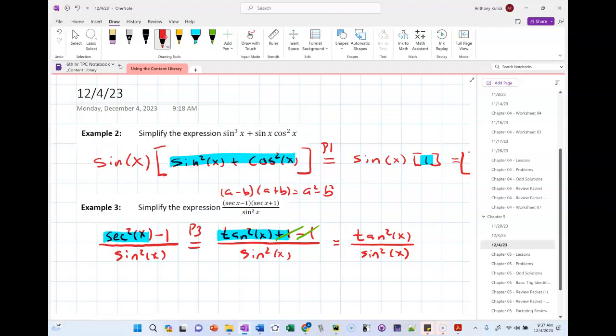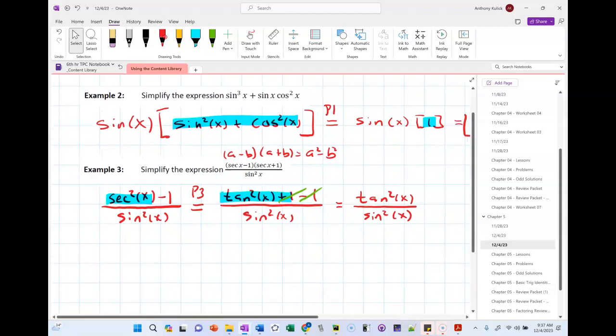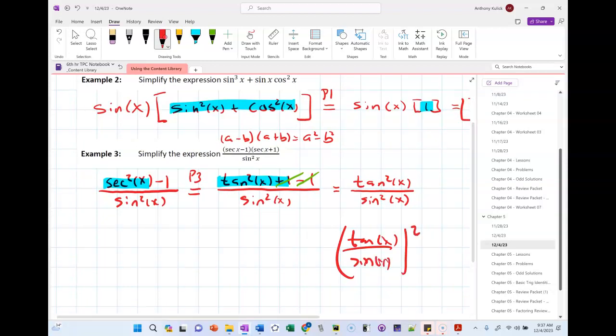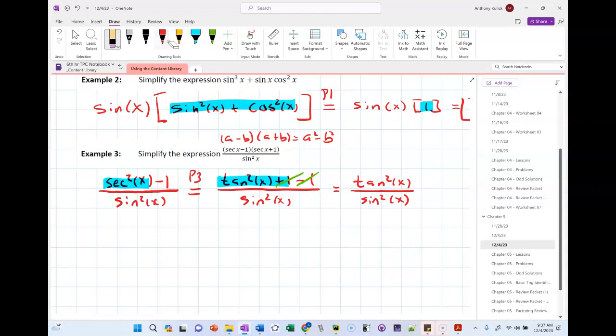Can I FOIL this? Well, there's nothing really being multiplied together. I mean, if you really wanted to, you could think about this as tan x over sine x, and then the whole thing squared. But it's not really helping us get anywhere. You could do it. I don't think it's going to help, but that's the extent of what I could do here. So if there's nothing algebraic to do, what should we look for?